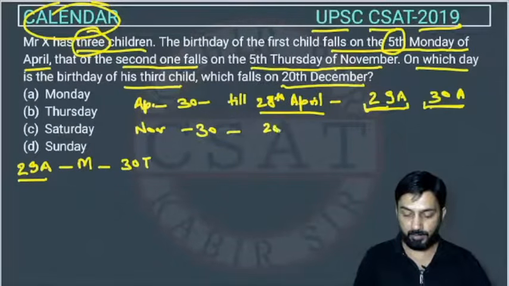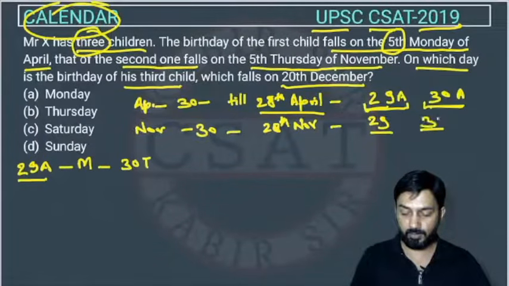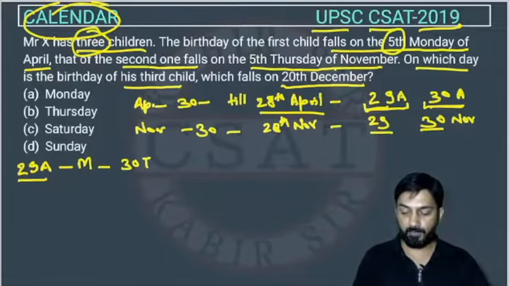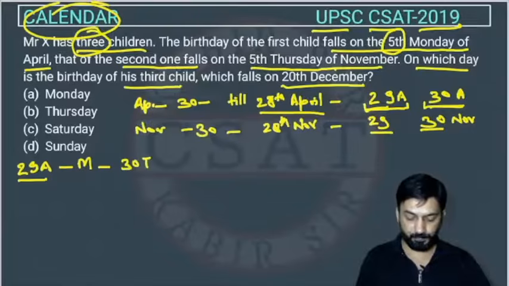Till 28th November there will be only 4 weeks complete. So the birthday will be either on 29th or 30th November. So we have to find on which day there is a Thursday, right? So we will start from this 29th, where there is a Monday.